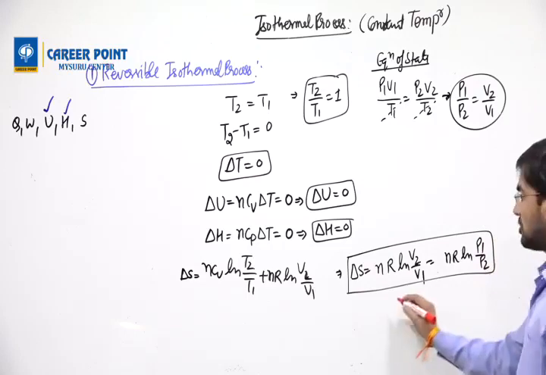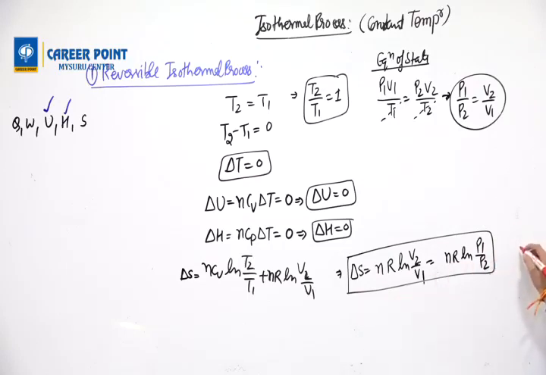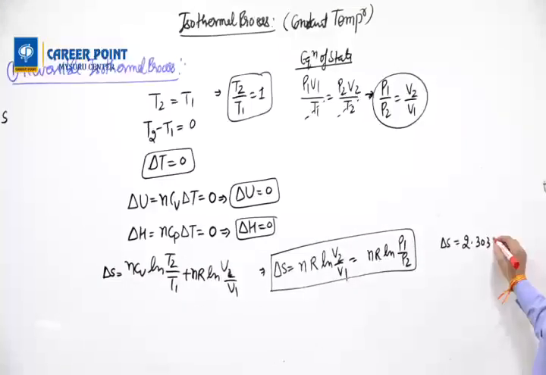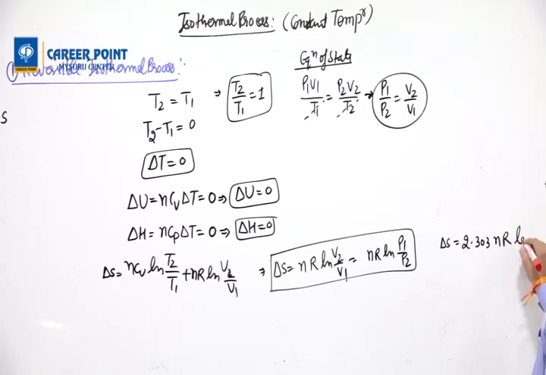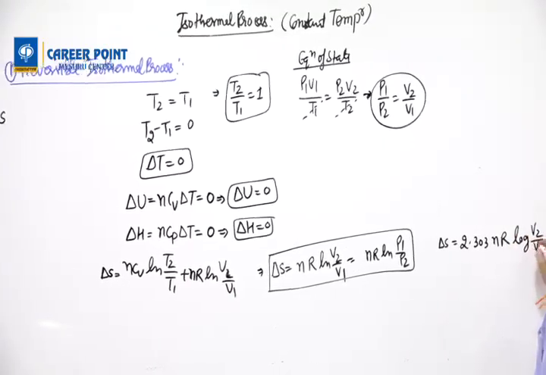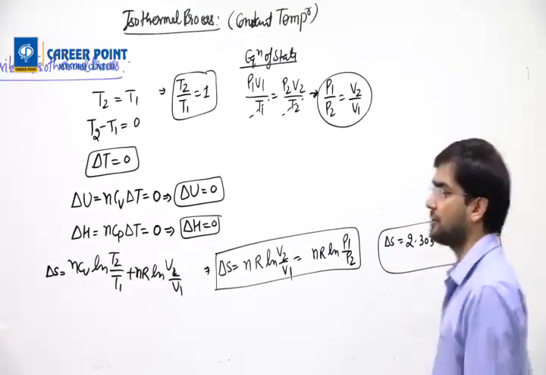Or I could also write delta S equals 2.303 nR log V2 by V1.